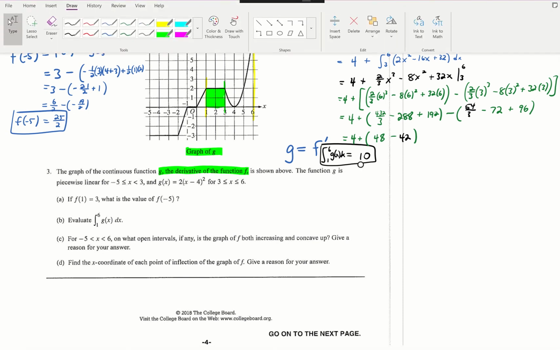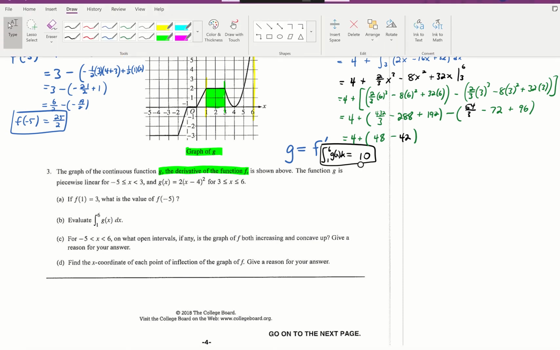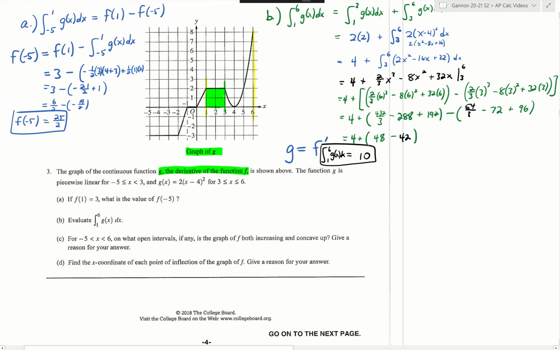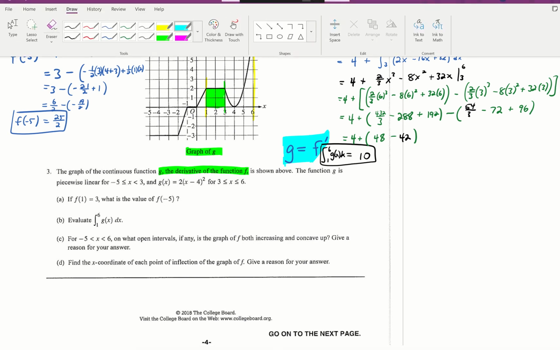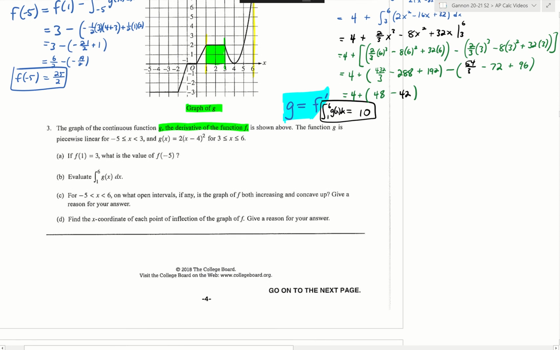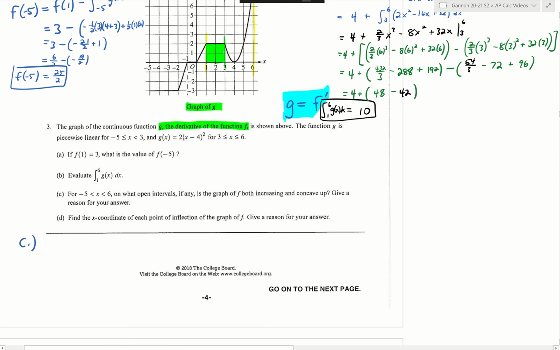All right, when you take a look at this, what becomes extremely important for this problem is understanding this relationship right here, that the graph of g, which is the derivative of f, is what we're looking at. All right, so here's what we're going to say for part C. It does say give a reason, so I'm going to start with the reason.